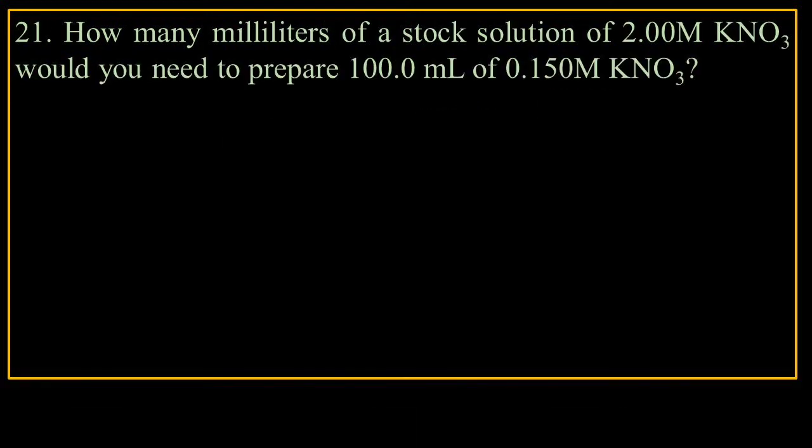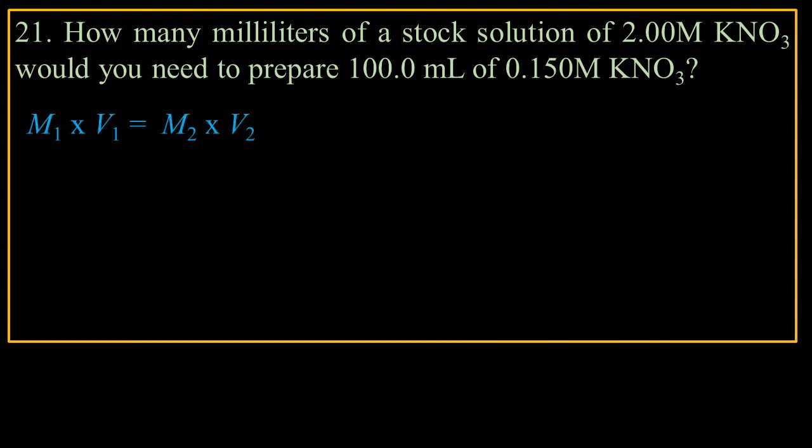How many milliliters of a stock solution of 2 molar potassium nitrate would you need to prepare 100 milliliters of a 0.150 molar potassium nitrate? So this is going to be a dilution problem, and there is the equation M1 times V1 equals M2 times V2, kind of like a gas problem where you have first conditions and second conditions.